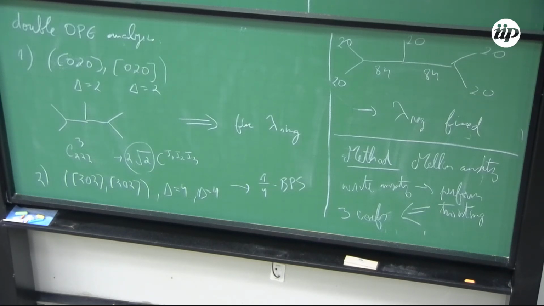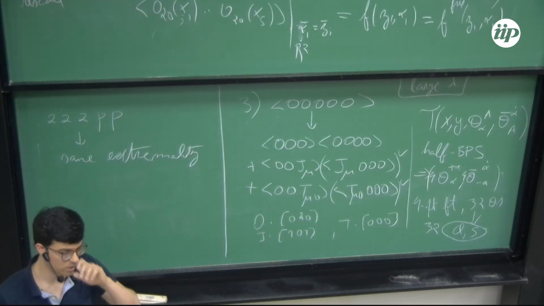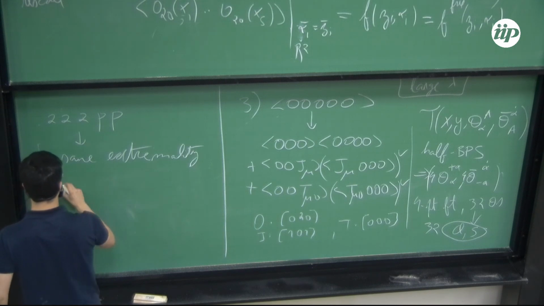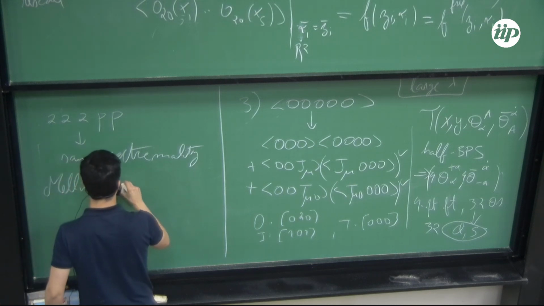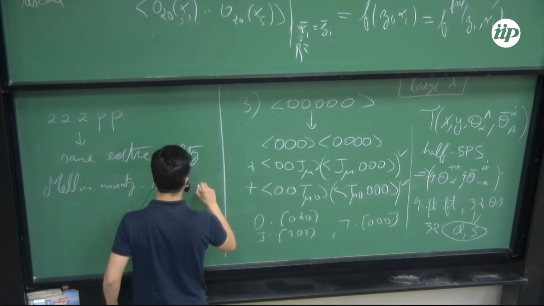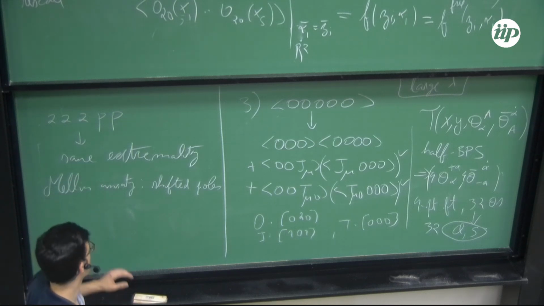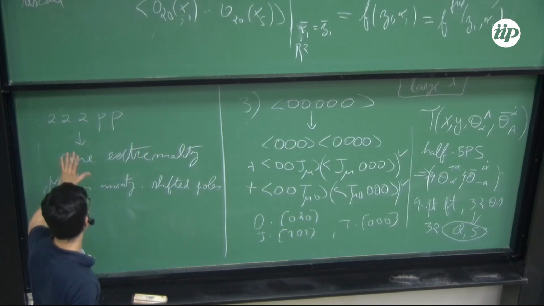If we do the 2, 2, 2 PP, this is at the same level of extremality, which means that in principle this should be almost as easy to compute. In terms of the Mellin ansatz, this just has shifted poles. We believe it would be quite straightforward to do this calculation as well. So that's one thing we can do.